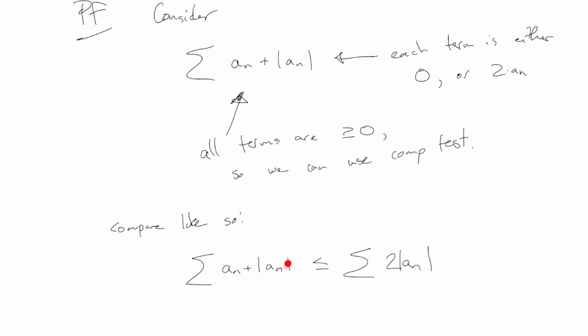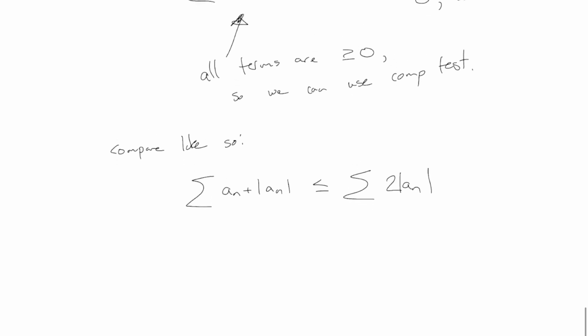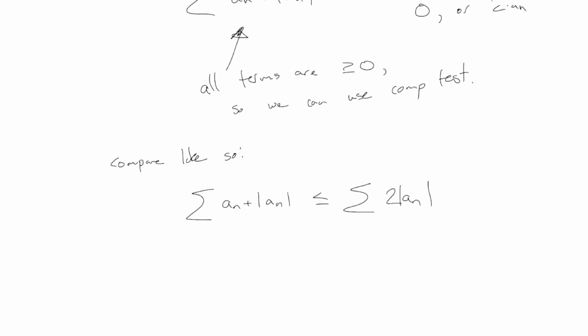That's because this term individually is either 0 or it equals that. And so taking the 2 absolute value an every time is going to be bigger than taking these ones, because these will be the same, it's just that some of those are 0. So here I'm taking the biggest possible answer that you could get. The answer is either 0 or 2an. And on the right-hand side, of course, we can factor the 2 out. This is the same as 2 times the sum of absolute value an.